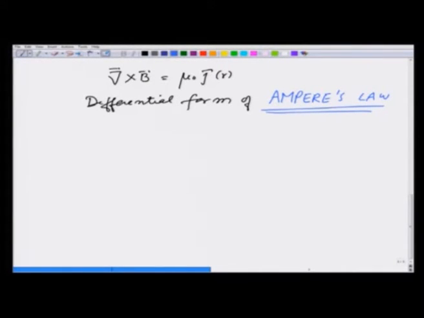Let us write its integral form, and that is like this.